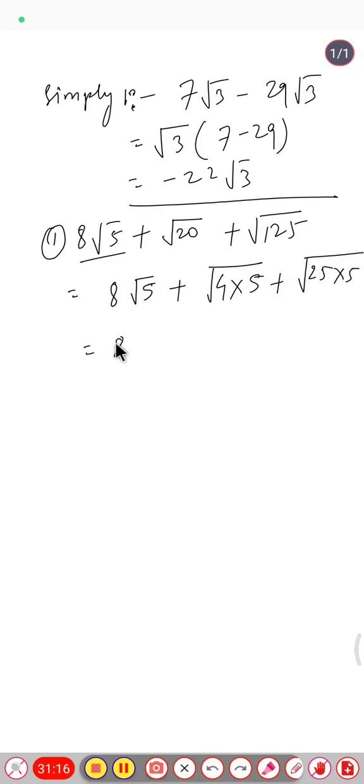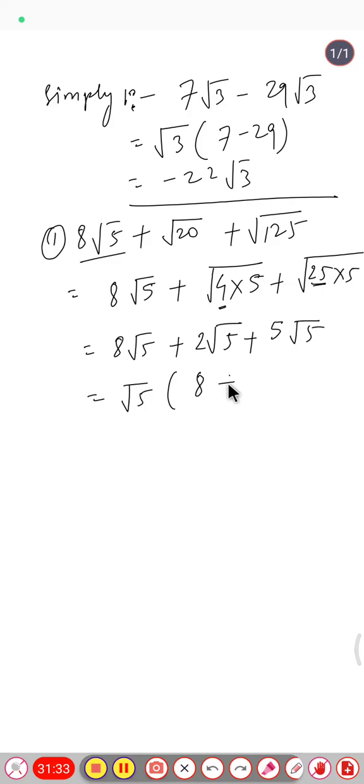So we can simplify: 8 root 5 plus 2 outside the square root, remaining is 5, plus 5 outside the square root, and inside only 5 remains. Now we take root 5 outside, and the remaining is 8 plus 2 plus 5. Understand? Here it's 10 and it's 15 root 5. That is the simplification of the given surds.